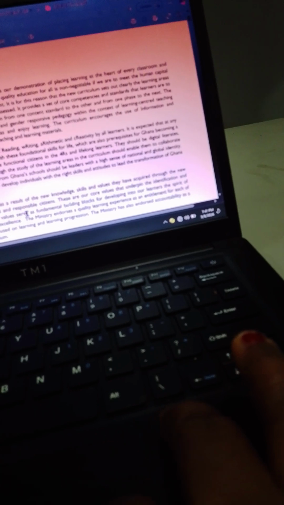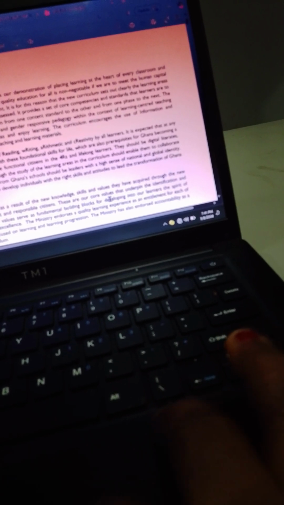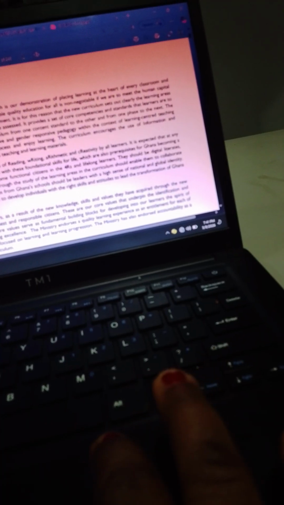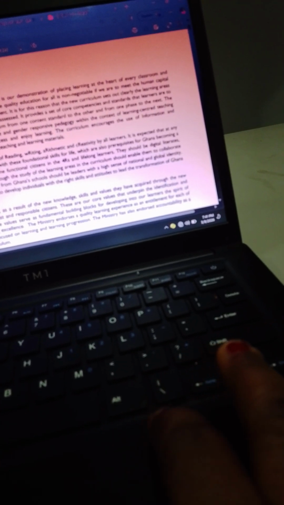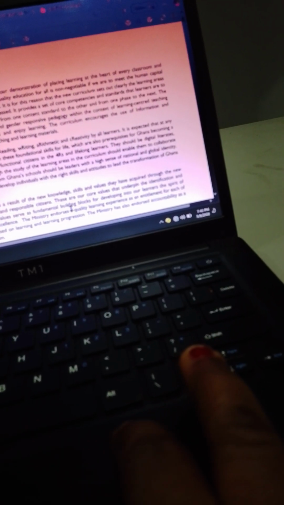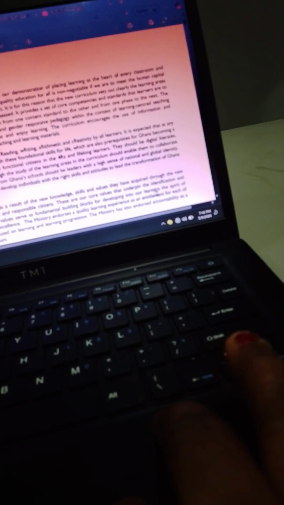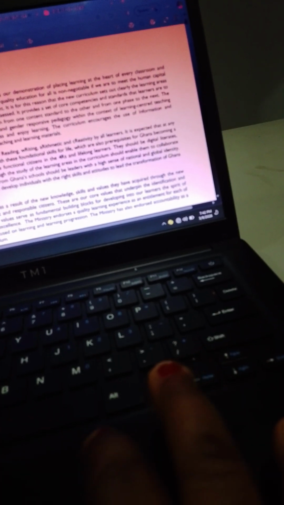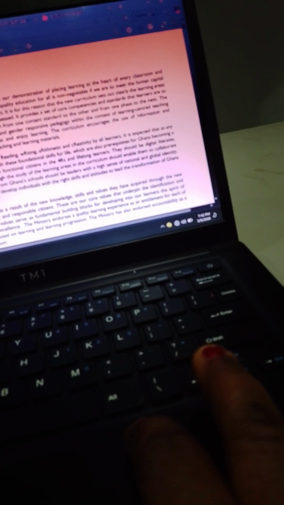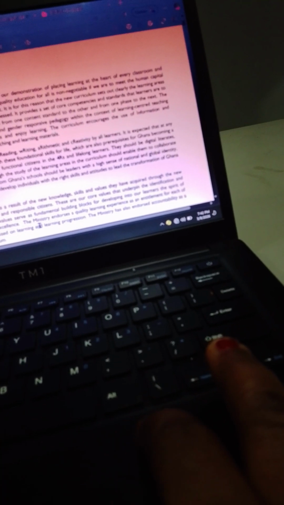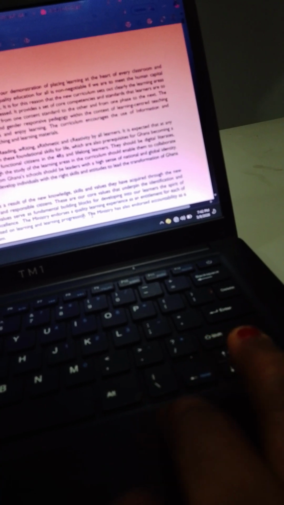These core values serve as fundamental building blocks for developing in our learners the spirit of teamwork, respect, resilience, and the commitment to achieving excellence. The Ministry of Education endorses a quality learning experience as entitlement for each of Ghana's school-going girl and boy. The curriculum has a right focus on learning and learning progression.